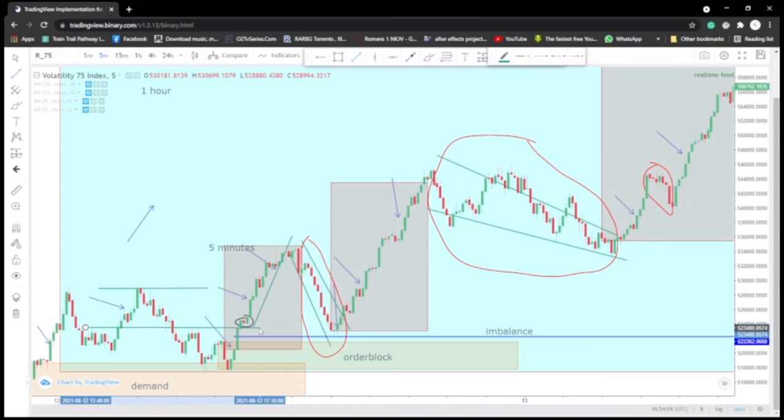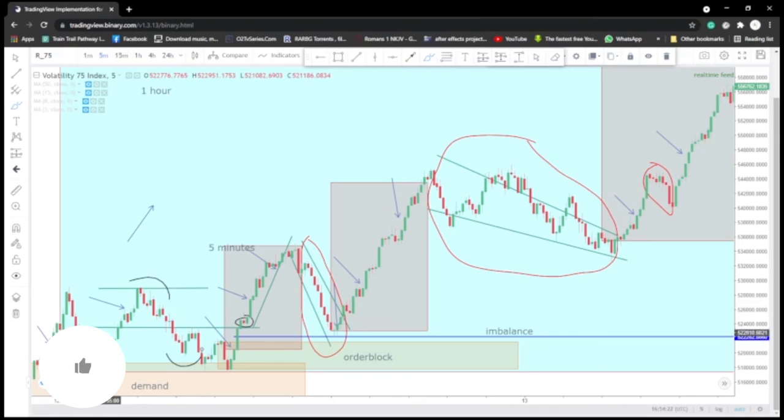Remember, the swing high and the swing low, it's not this swing most of you are used to, that this is my swing high, this is my swing low. No, I'm making a swing within a swing. So you can see the highest candle of the swing low was this, and the lowest candle of this swing is this. And you can see that the imbalance happened between these candles, and the influence it got from this swing.